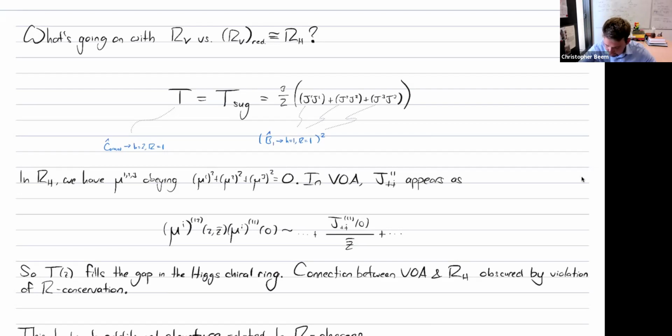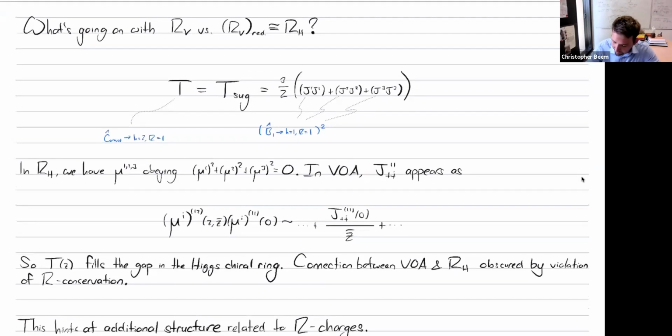And this is one of these cases where it helps to go under the hood and think about the underlying construction in 4D. So let's look at the relation I've claimed that we have earlier, which is that the stress tensor, the canonically defined stress tensor that I get from 4D, is supposed to be identified with the Sugawara construction, where you notice an R-charge mismatch.